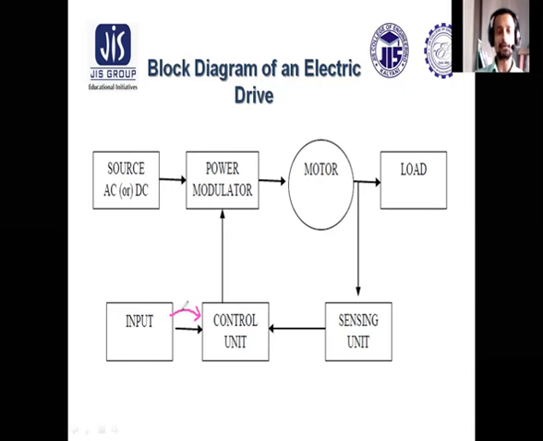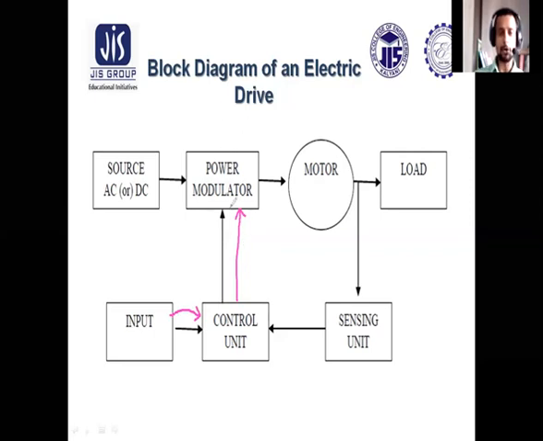So the user desires a particular speed that is sent to the control unit. Now, based on the input received from the input block, the control unit sends a signal, which is a low voltage, low power signal, to the power modulator.